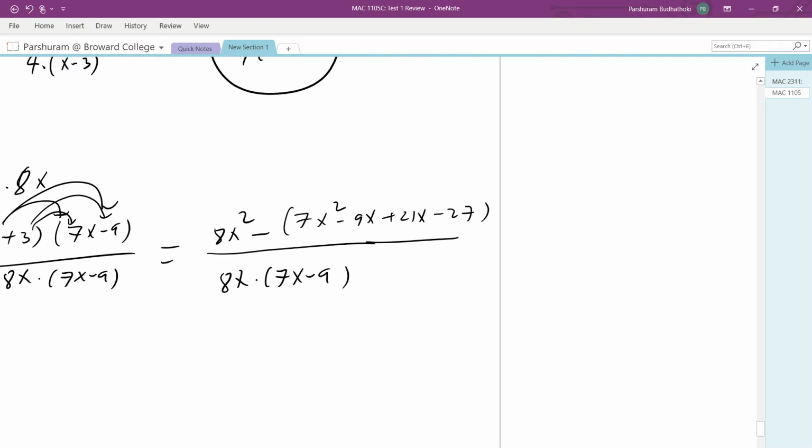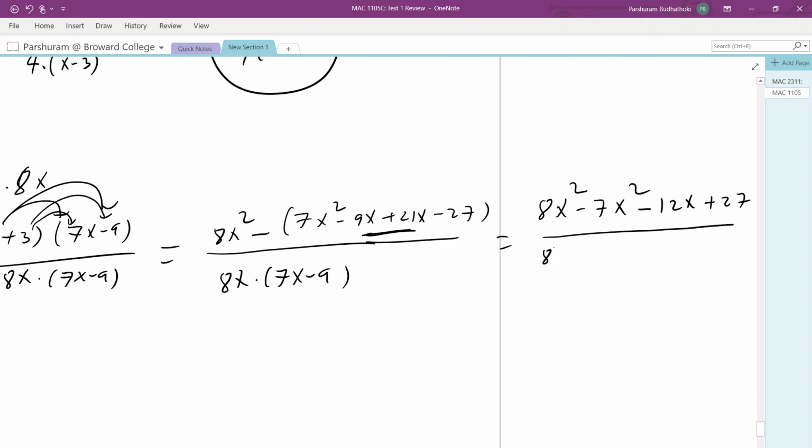So we can simplify more on the top part, which is 8x squared minus 7x squared. If we combine the like terms, negative 9 plus 21 gives us positive 12, but because of this negative sign, it will be negative 12x. There is a negative 27, it becomes positive 27 because of this negative sign when we open the parentheses.